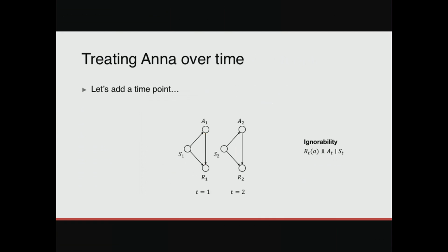But what happens now if we add another time point? If I have no extra arrows here, I just have completely independent time points, ignorability clearly still holds. There are no links going from A to R, none from S to R, etc. So ignorability is still fine. OK?